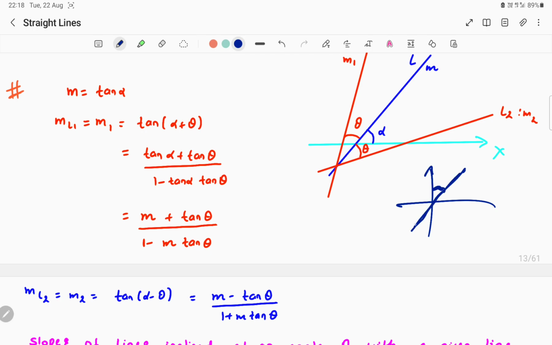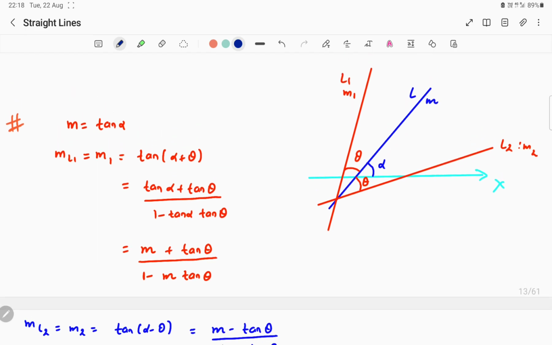So what you can do, you can draw a straight line and you can try to figure out angle between this. But now what I'm telling you is that you stand and face north and tell me who are the people who is making 30 degree with you. So you can have a situation where you will make 30 degree, or you can have a situation which will make 30 degree, isn't it? These are the only two possibilities. So what is the slope of this line? This is what we are trying to figure out.